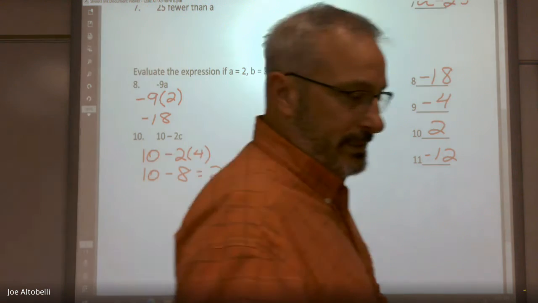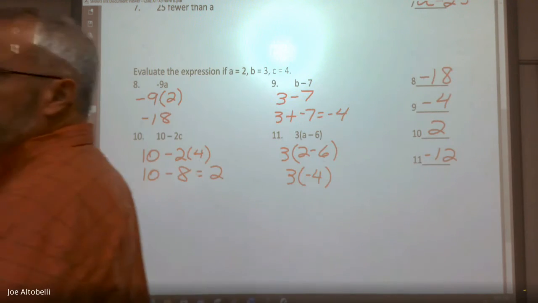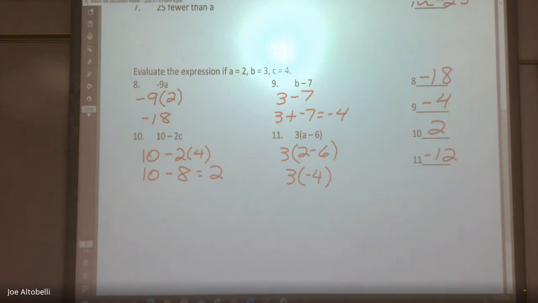All right, put everything away. No calculator. No, you don't have to take this right now unless you feel like you're ready. It's up to you. So work on those other ones. Take one past that.